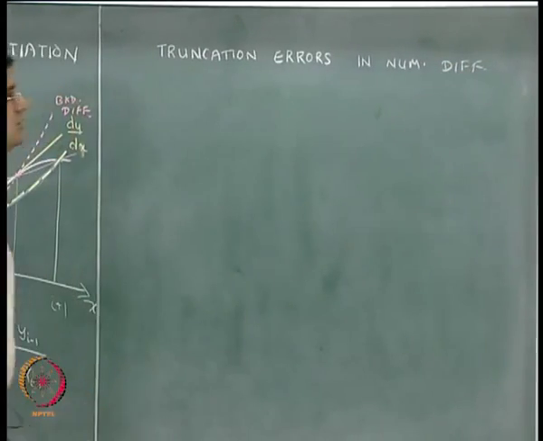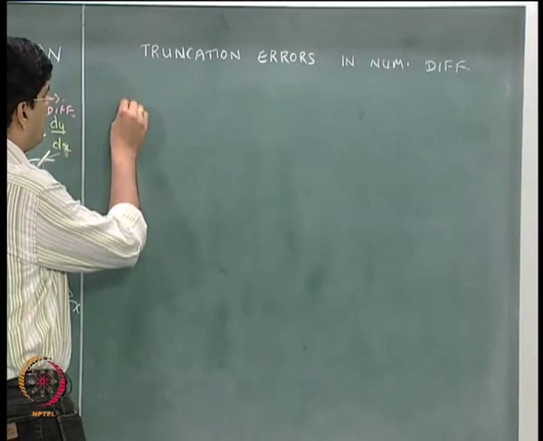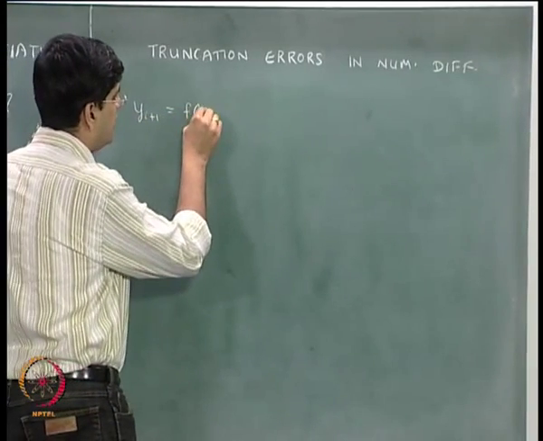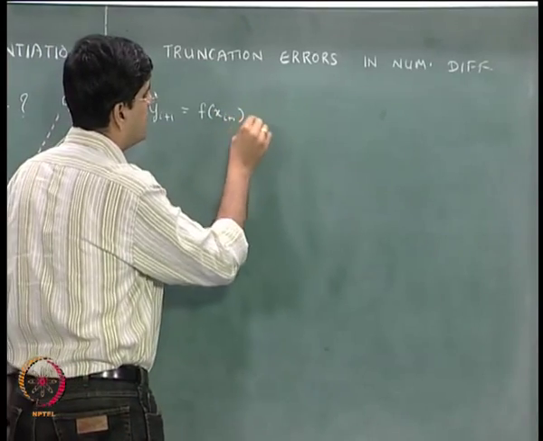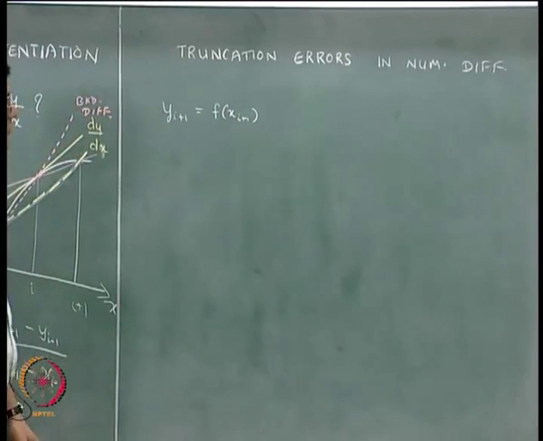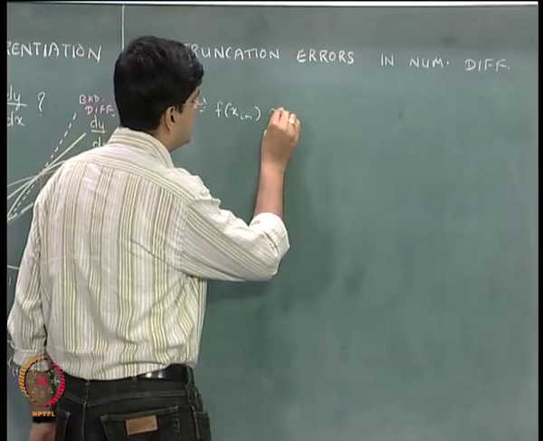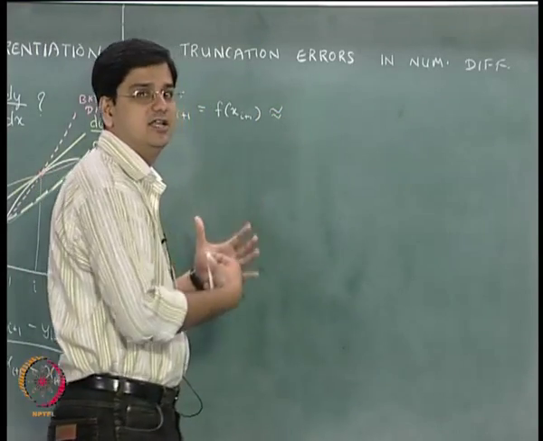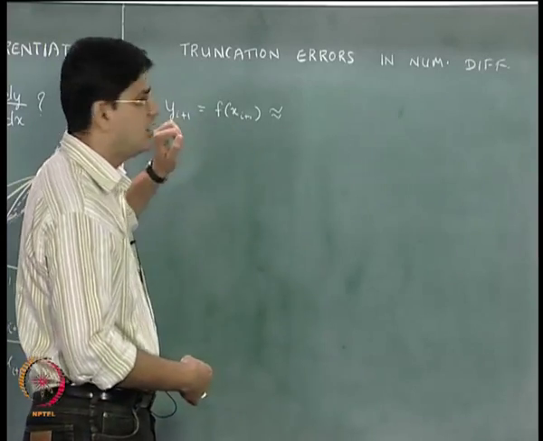Truncation errors in numerical differentiation. y of i plus 1 is nothing but f of x of i plus 1. Okay. So f of x of i plus 1, we will write that approximately equal to, we will take a Taylor series expansion around xi.